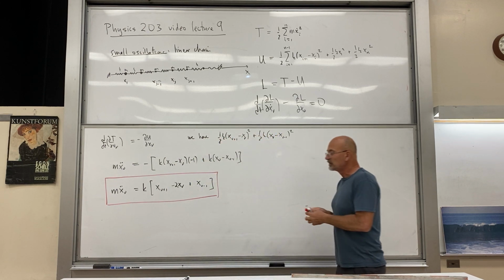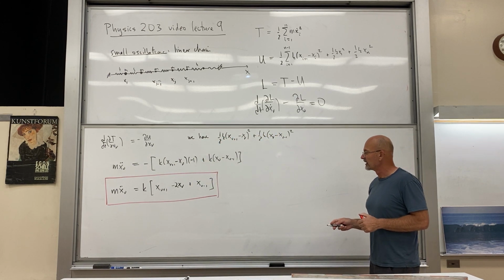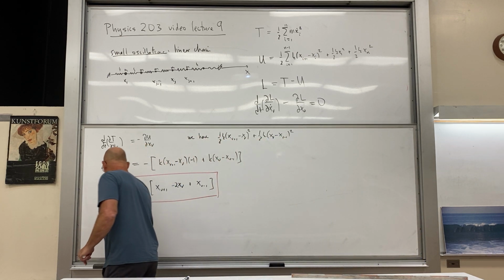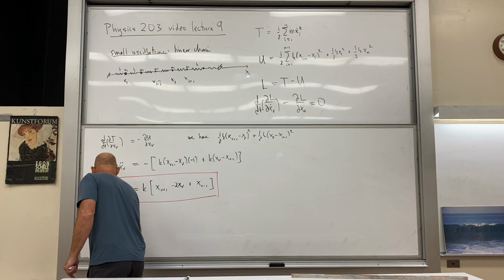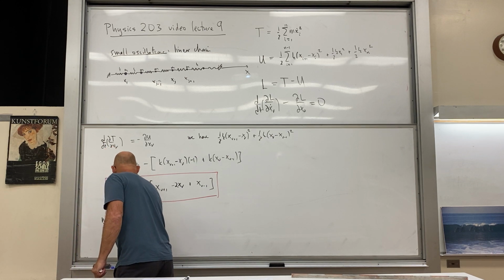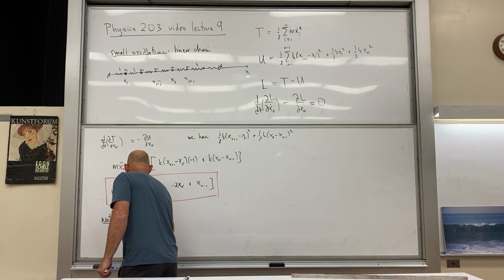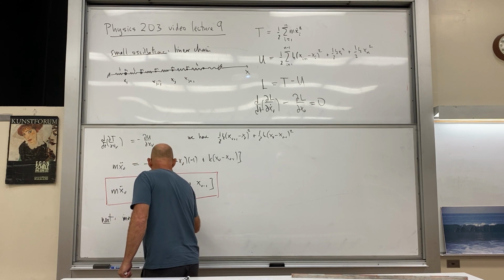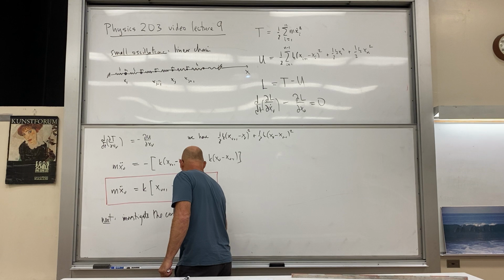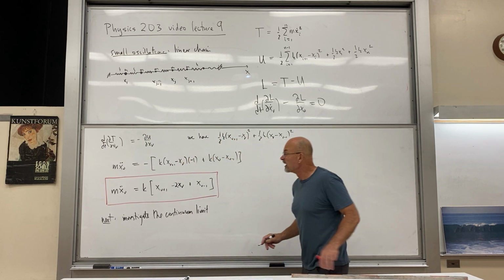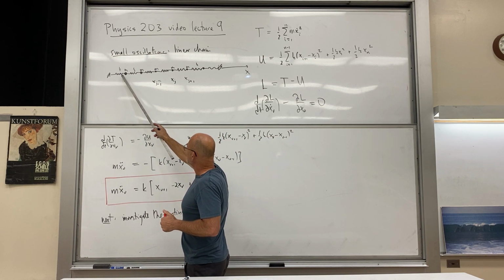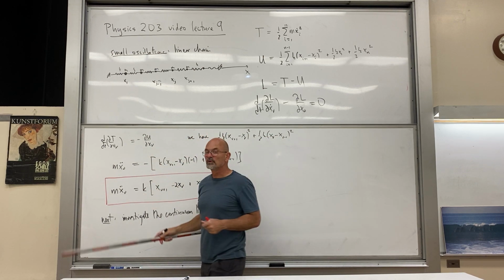So what we're going to do next is consider the continuum limit. That would be where these masses are distributed in ever smaller amounts, ever closer together.